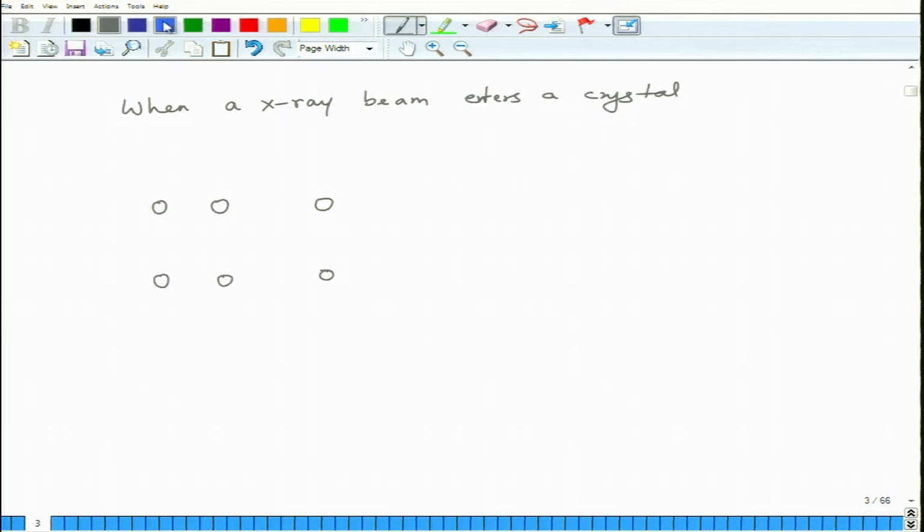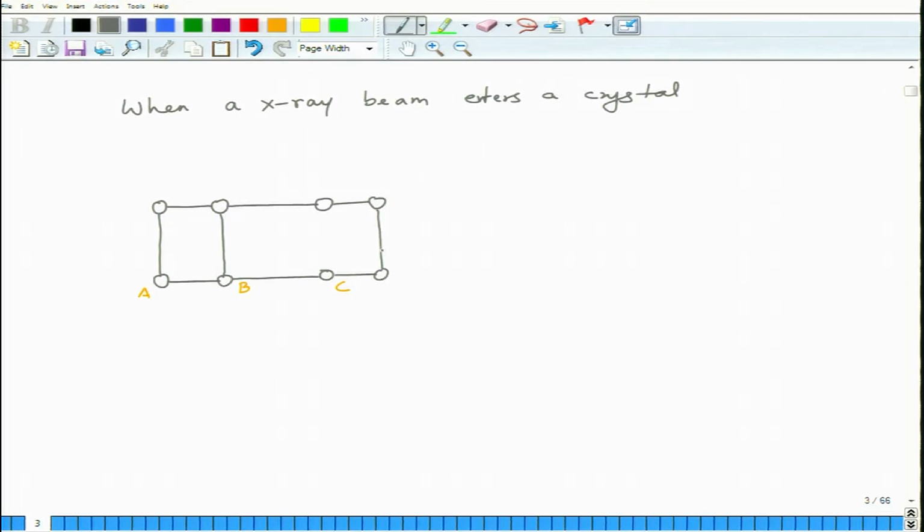Let us say this atom is A, this is B, this is C, and so these are a few atoms. I am not drawing all the planes here, but you can have one sitting here.